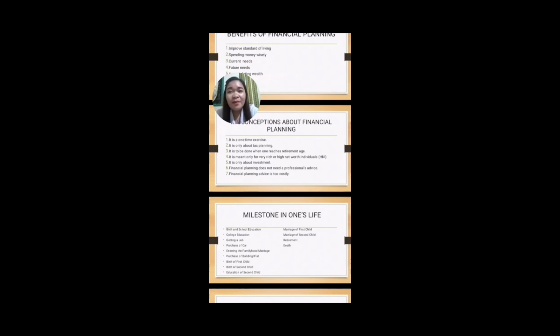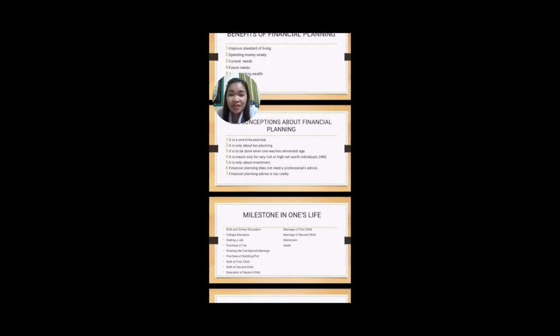Okay, number 5. It is only about investments. As already seen, financial planning covers not only the investment aspect, but also other aspects like insurance, tax planning, retirement planning, and what is called estate planning. Okay, number 6.